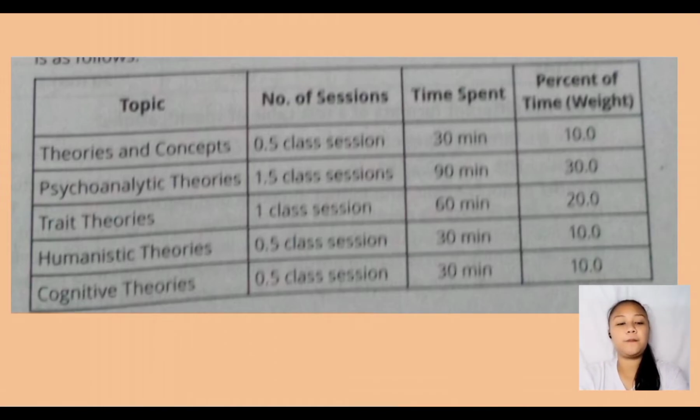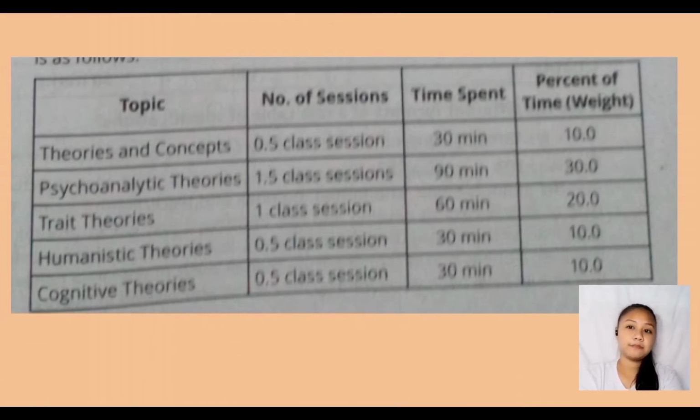Dito po sa topic number 1, theories and concept. Sa theories and concept po, kaya naging 0.5 class session ang number of session niya kasi si percent of time is dinivide sa hours. It means 30 minutes is equivalent to 5 hours.